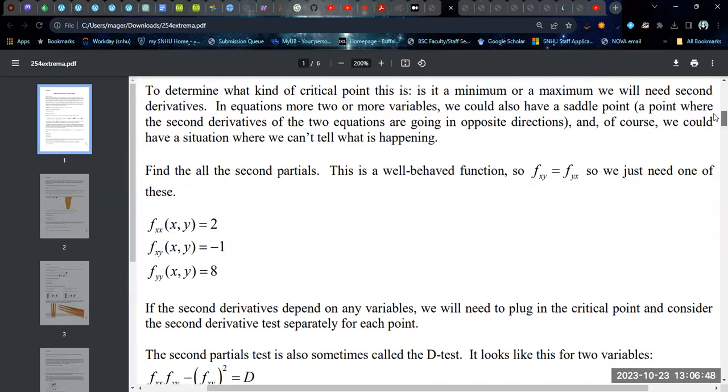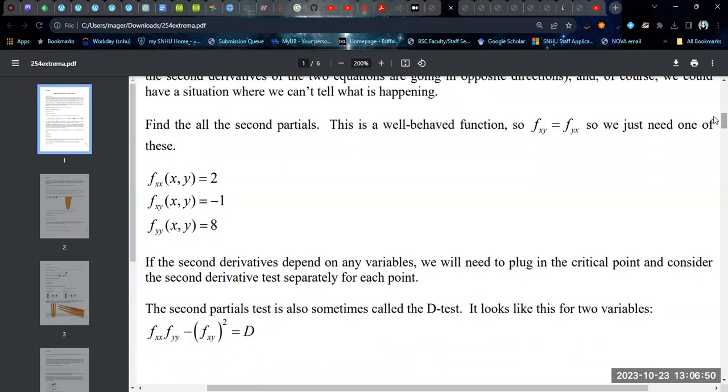And then sometimes this is referred to as the D test. Sometimes it's called the second partials test. But basically, what we're really doing from a linear algebra perspective is we're putting all of these values in a matrix with the derivatives for x on top and the derivatives for y on the bottom, and we're finding the determinant of that matrix.